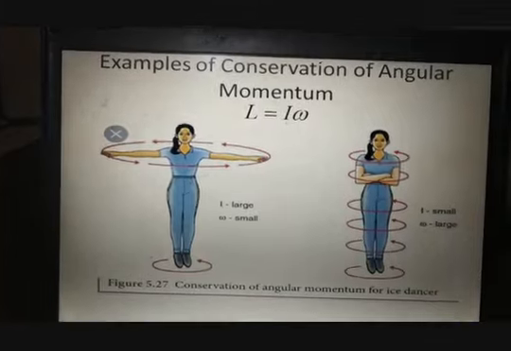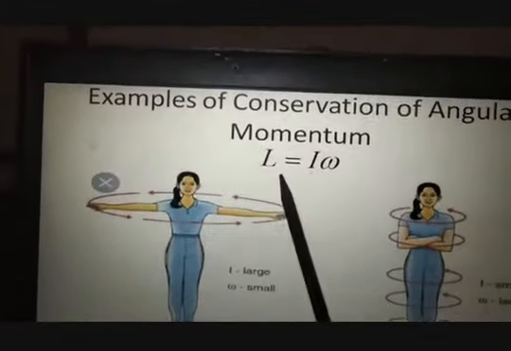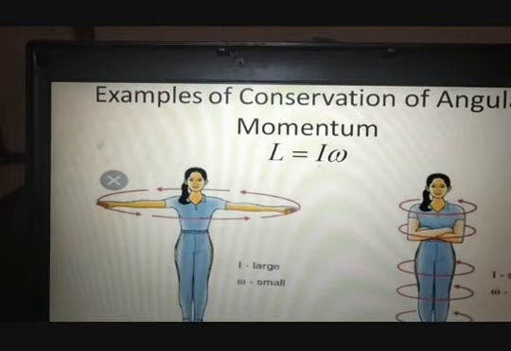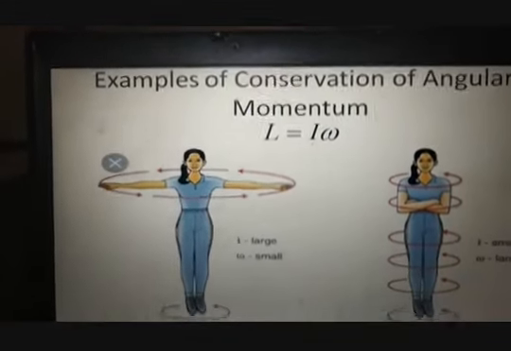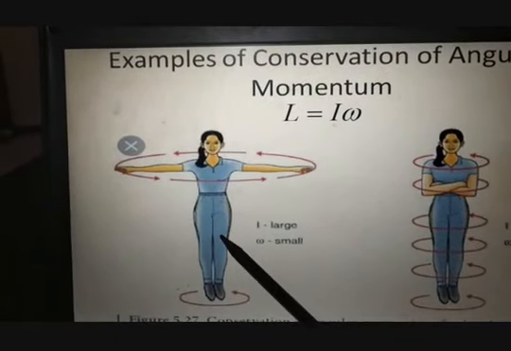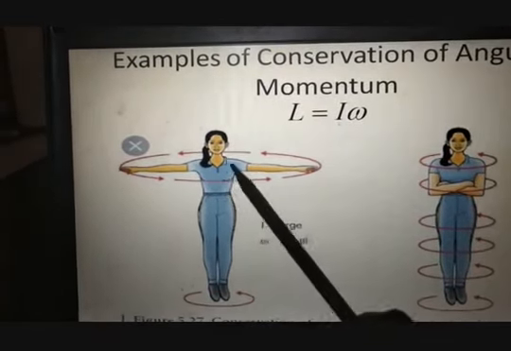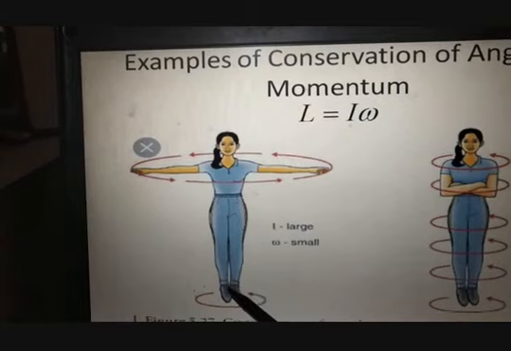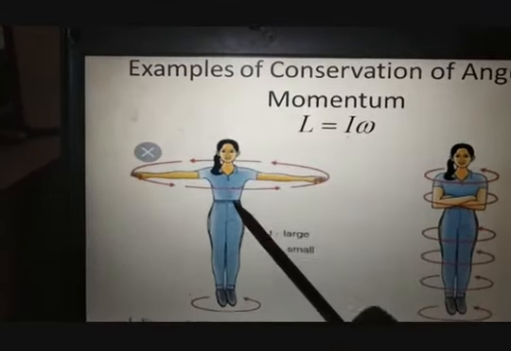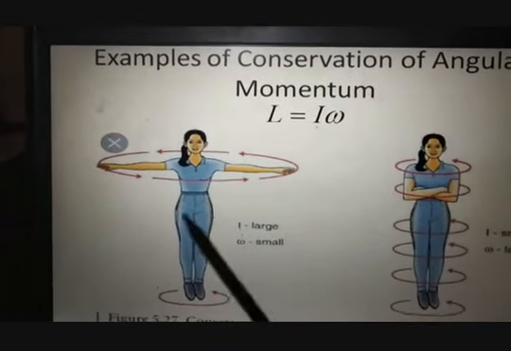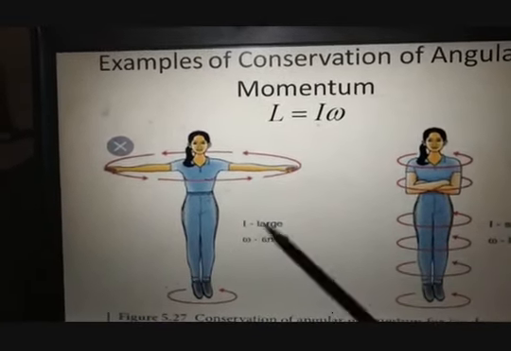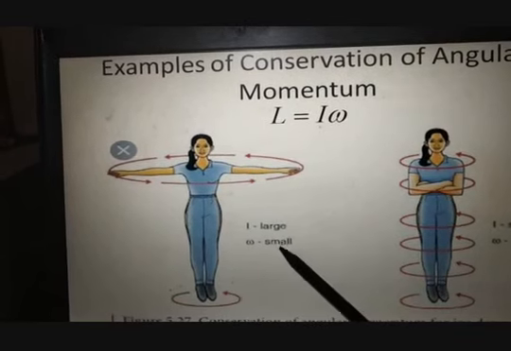So what happens in this case? You know this formula, L is equal to I omega, that is the formula for angular momentum. Now see, in the first diagram, when this dancer is rotating about an axis, the axis of rotation is along this direction. When she is rotating, in this case I will be larger and omega will be smaller.